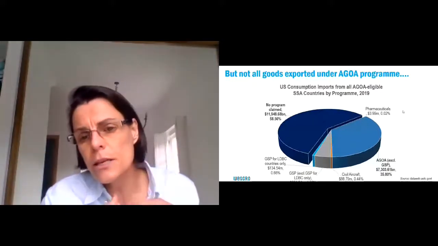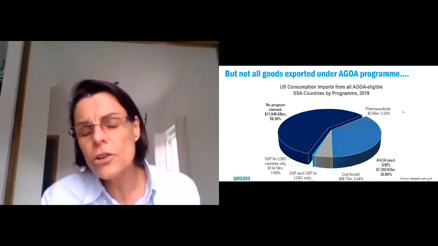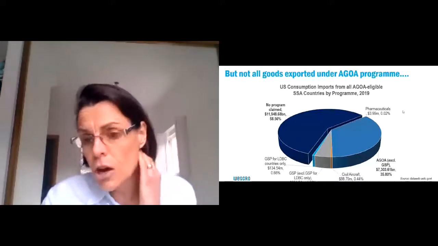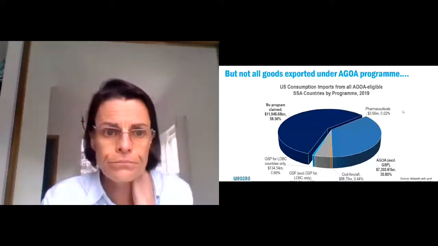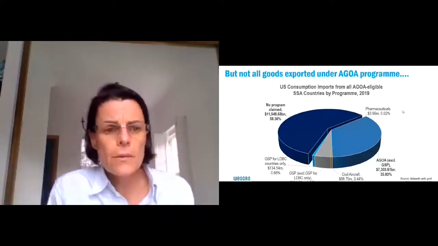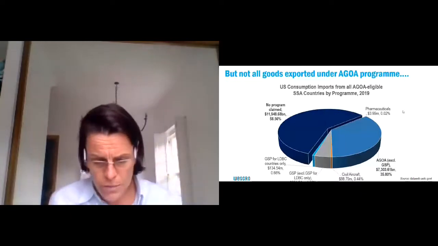And once again, this speaks to what Jan spoke of earlier, that many beneficiary countries are not taking full advantage of and utilizing the tariff lines that are available under the Agoa program. And that's what I'm speaking about. Agoa utilization rate certainly differs greatly on a country by country basis.